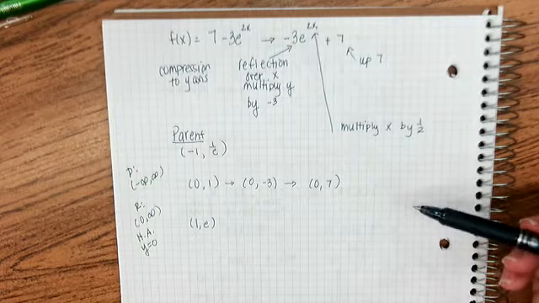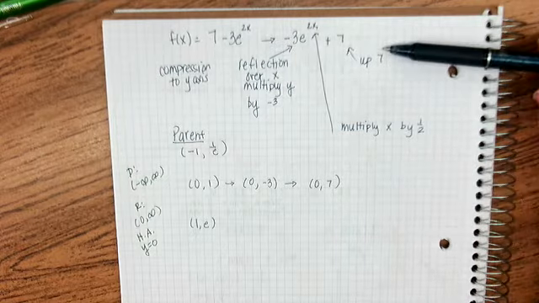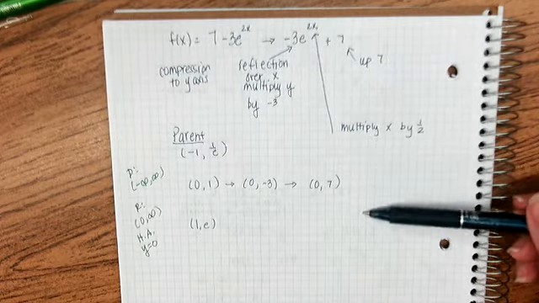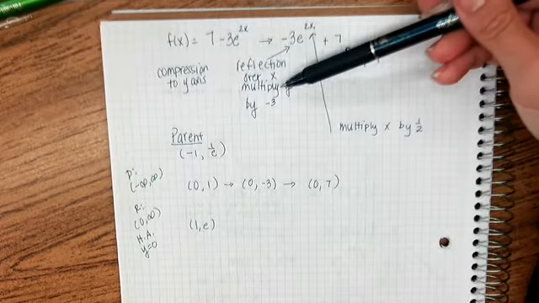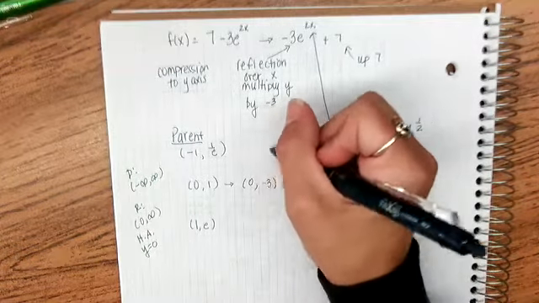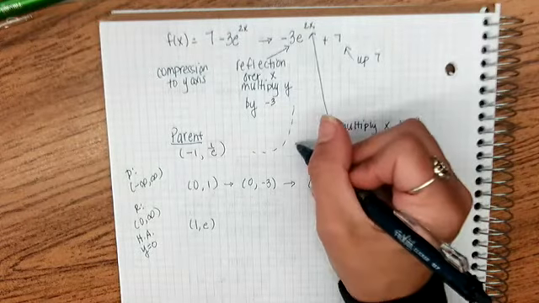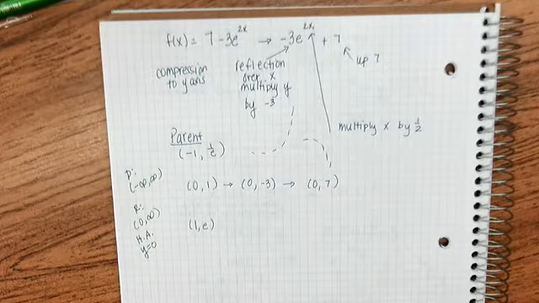Okay, so my range is either going to be 7 on up or 7 on down. In this case, it's 7 on down because this is a reflection over the x-axis. So instead of looking like such, this one's going to look like such. It's going to go down instead.